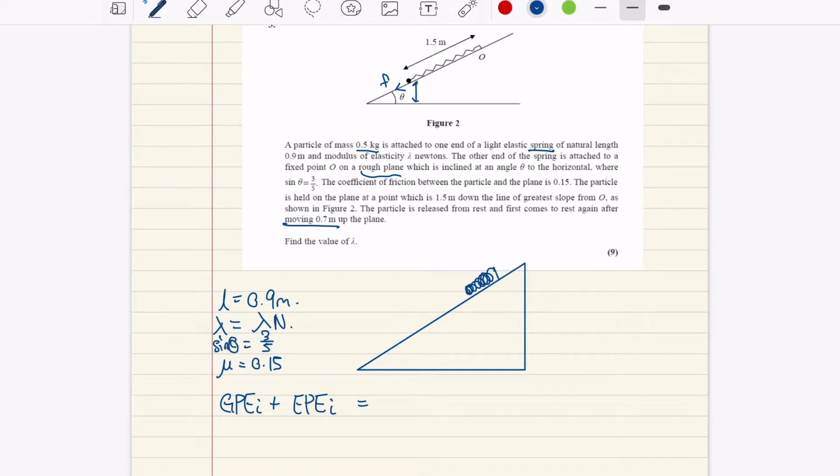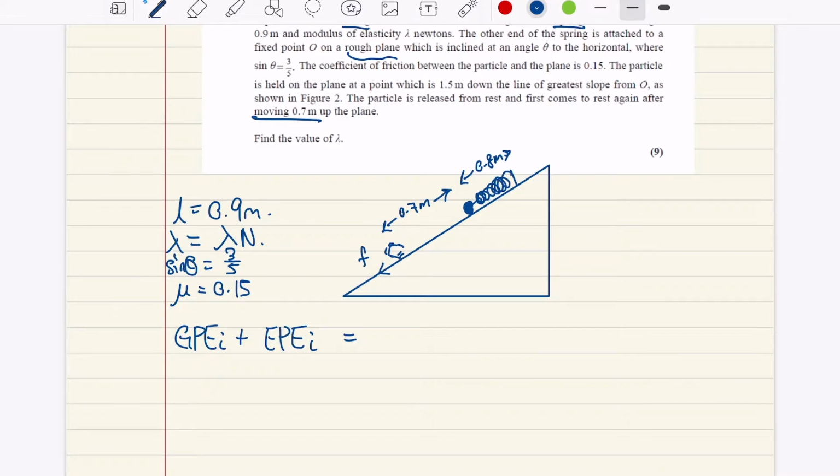So it moves up 0.7 meter, so what is left is 0.8 meter. So initial point, and it moves up 0.7 meter. And don't forget, there will be friction opposing the motion of the particle.